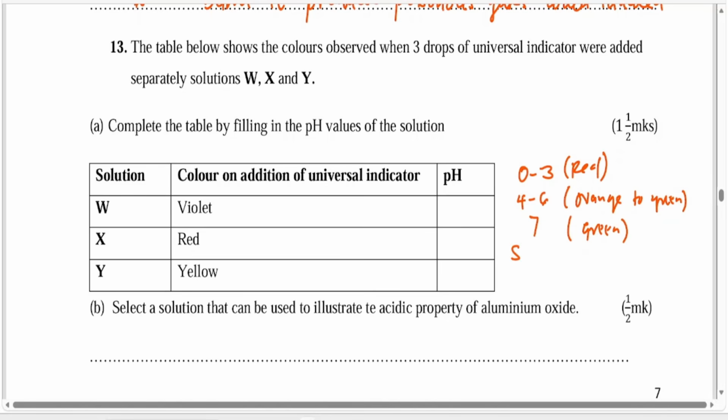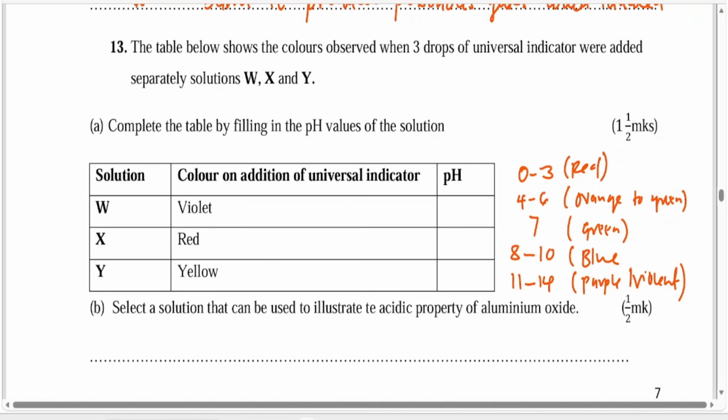And a pH ranging between 8 to 10, which is a weak base, the color is blue. And a pH range between 11 to 14, which is a strong base, the color is either purple or violet. So looking at what we are given, we are told to select a solution that can be used to illustrate the acidic property of aluminium oxide.